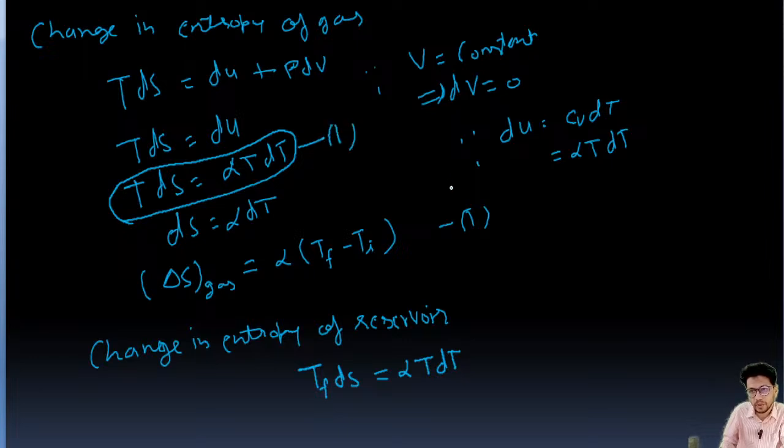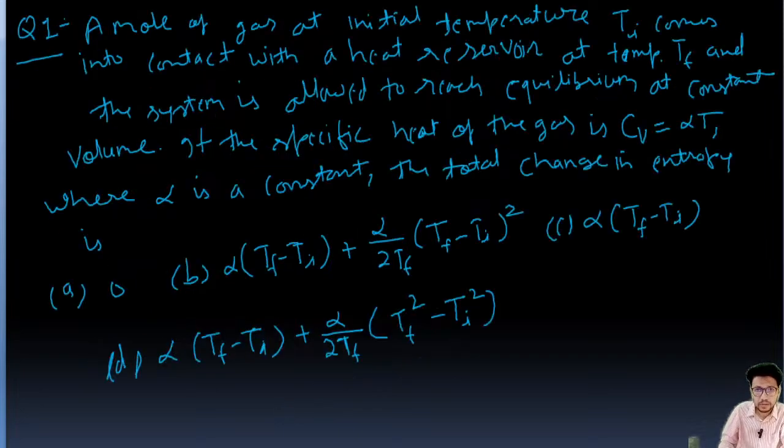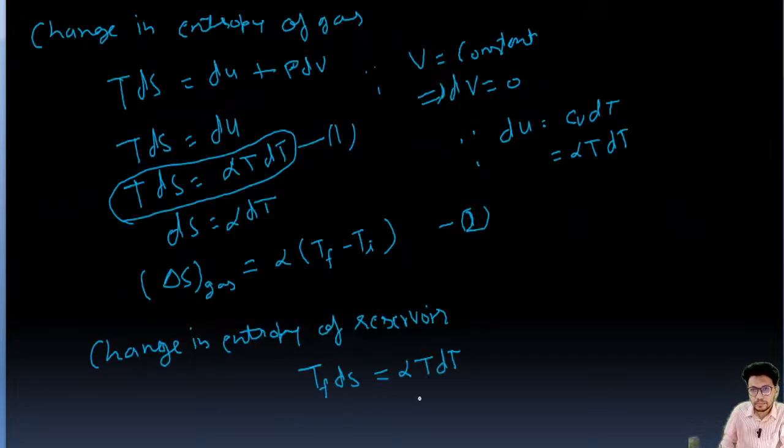This is 1, this is 2, okay? So the change in entropy of the reservoir is going to be, so the reservoir is this one. T dS is going to be alpha T dt, okay?